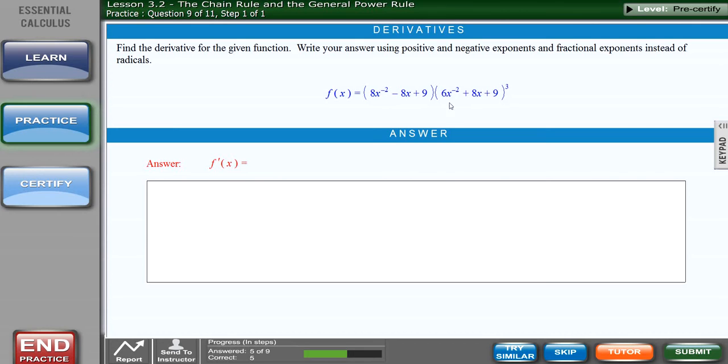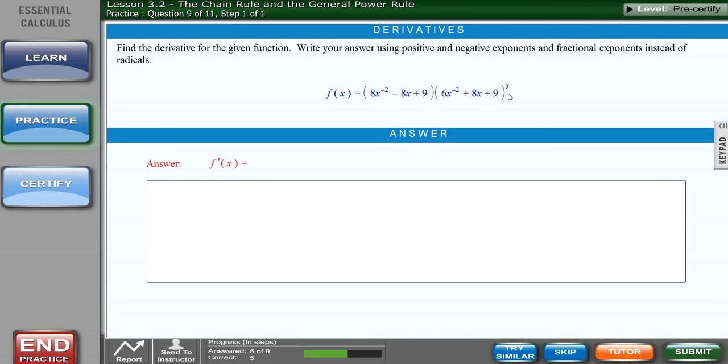Okay, same idea here. It's a little bit bigger function, if you will, but still doesn't change anything. You have x's times x's, and one of the parentheses has an exponent on it. So it works exactly like the problem we just did.